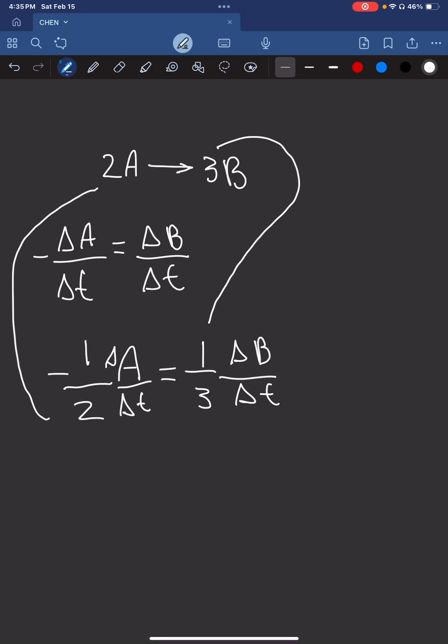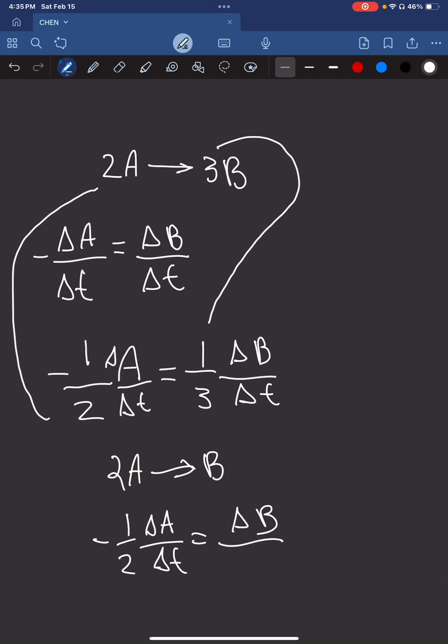And why does this make sense? Because what do these fractions mean? Just to better visualize it, let's have this 2A becomes B. So here we see that we have two A's becoming a B. So it would be this equals delta B over delta time.